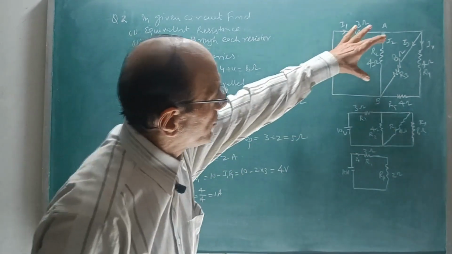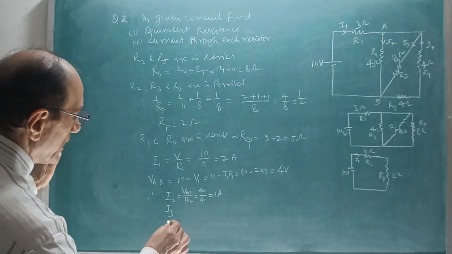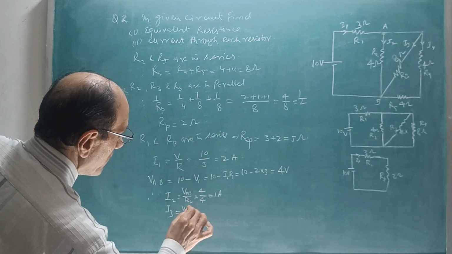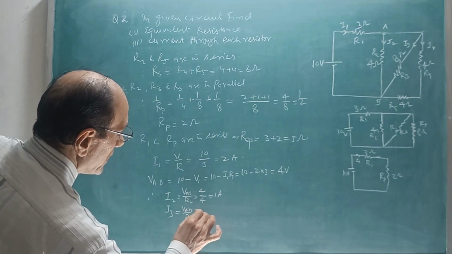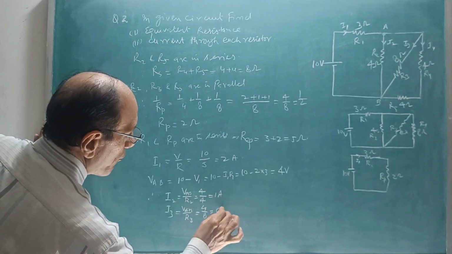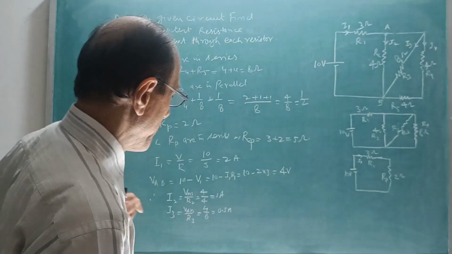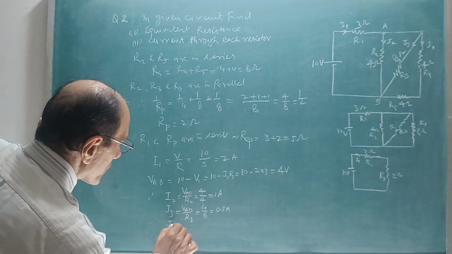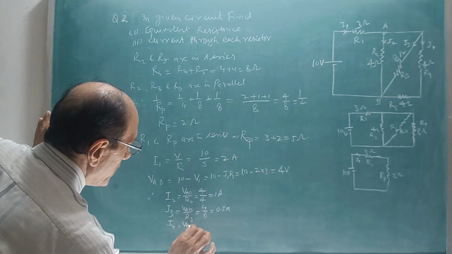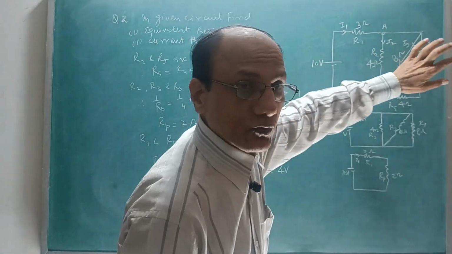I3 will be VAB divided by R3, that is 4 by 8, that is 0.5 ampere. And similarly this I4 will be VAB divided by R series, not R4, the sum of these two.